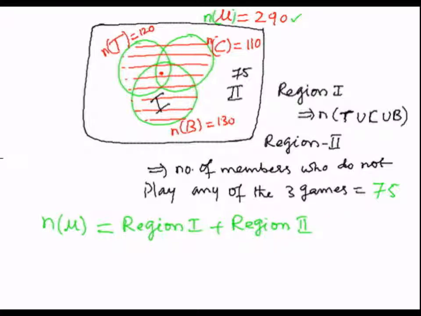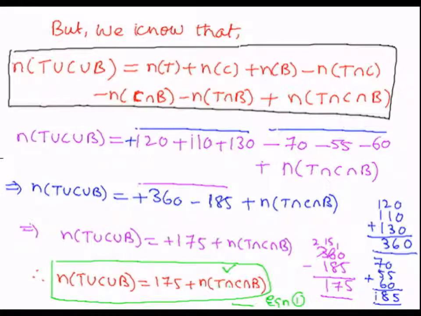We know n of mu is 290, and region number 1 is n of T union C union B. From equation number 1, we got n of T union C union B is equal to 175 plus n of T intersection C intersection B. Instead of this LHS, we can copy down this 175 plus n of T intersection C intersection B.